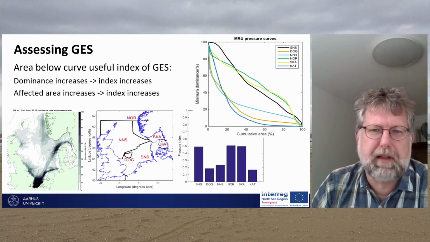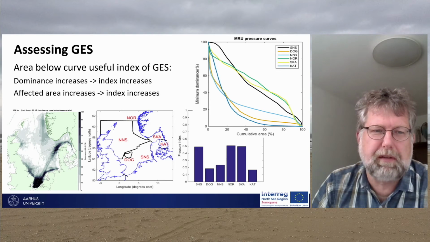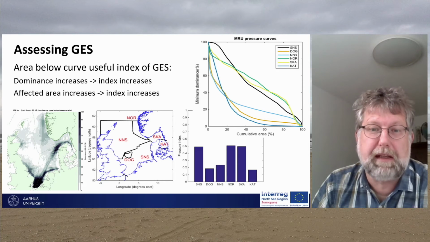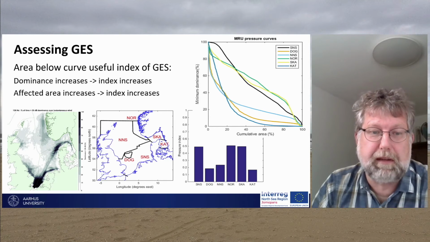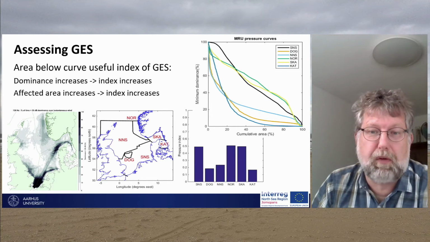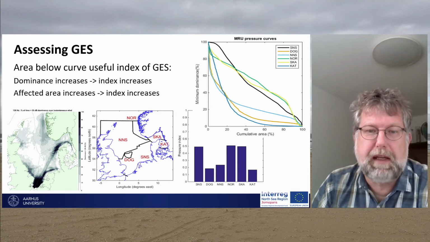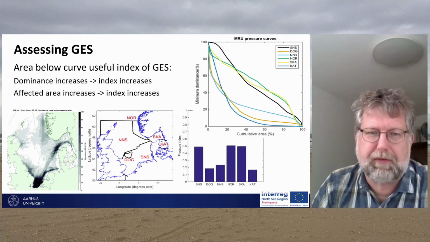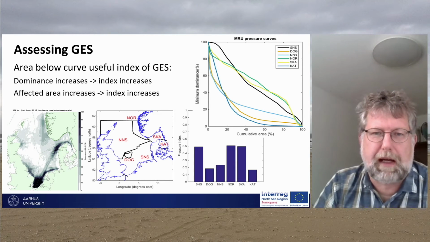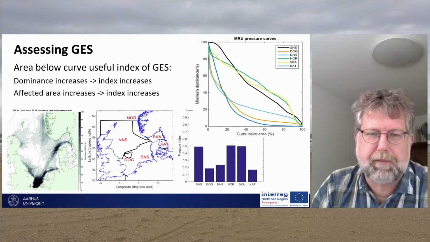The rationale behind this is that if the dominance increases in certain parts of the North Sea, this means that the affected area will increase, and if the affected area increases, it also means that the area below the curve will increase. So in that sense, there is a direct connection between the conditions in the North Sea and this index. There are lots of details that need to be sorted out, but that's the general logic behind this.